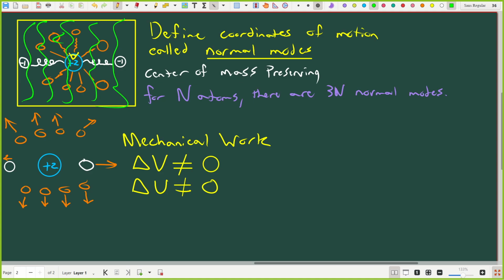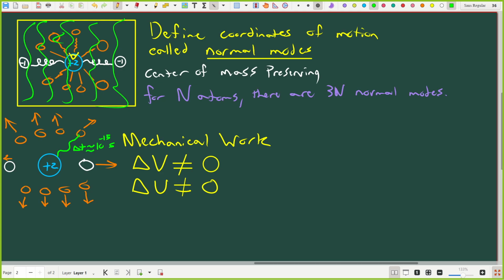Even though you can't see all these atoms moving away, they're moving very, very fast. The time scale of this motion, I'll just write this: imagine these are little springs moving back and forth. The time scale of an atom moving back and forth with respect to another one, delta t, is around 10 to the minus 15 seconds, a femtosecond.